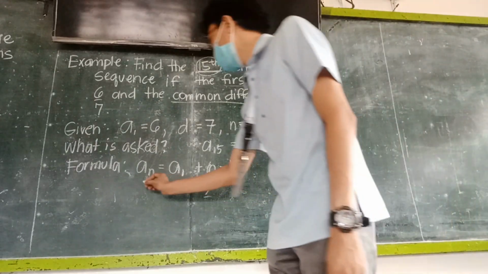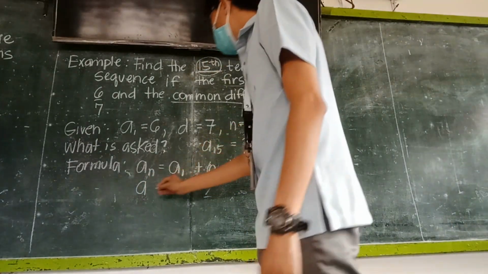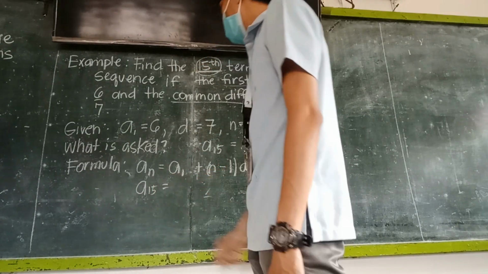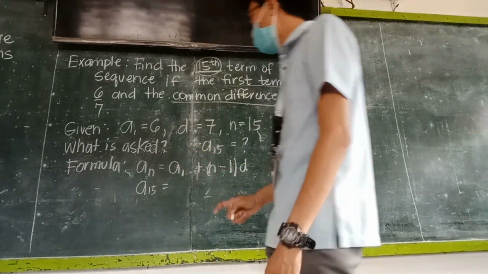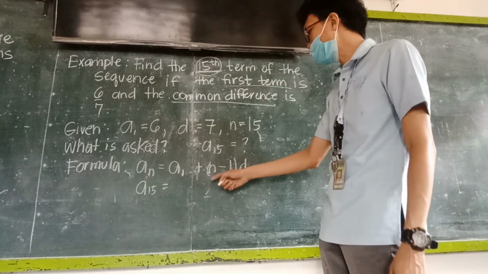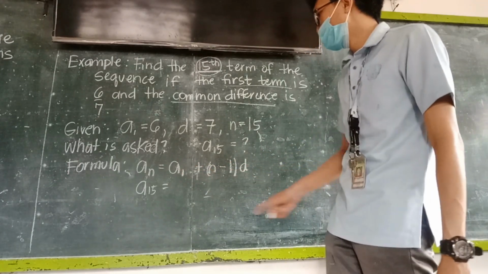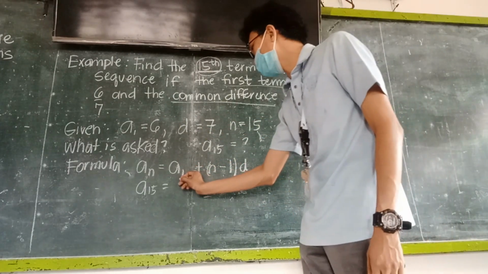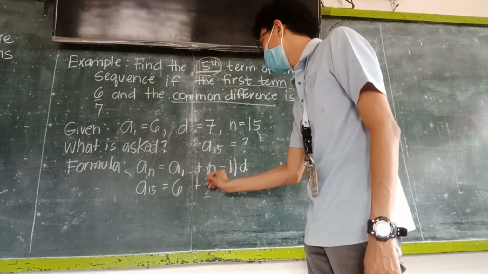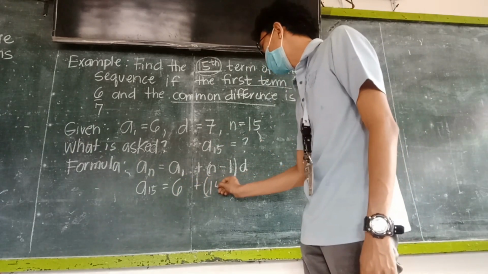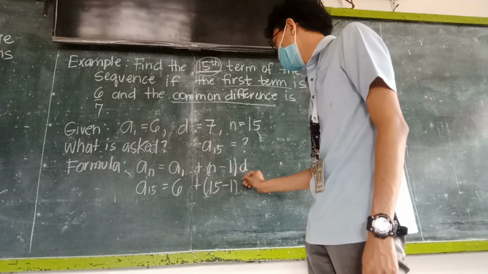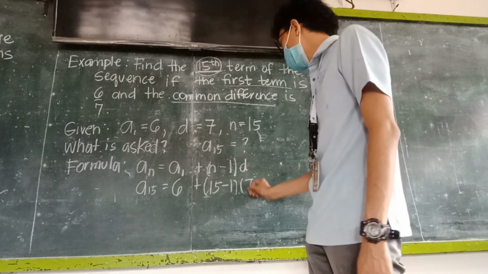So we have ang ating n, which is 15, is equal to, isa-substitute natin ang values ng a sub 1, n, at saka ng d. So we have ang a sub 1 natin dito, we have 6, plus ang ating n, in this case 15, minus 1, times d na 7.